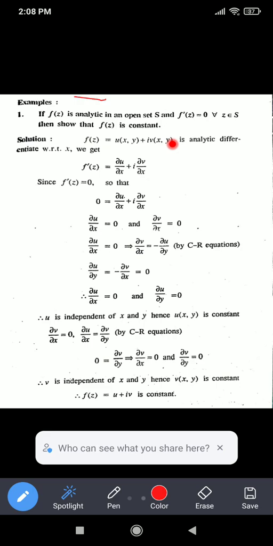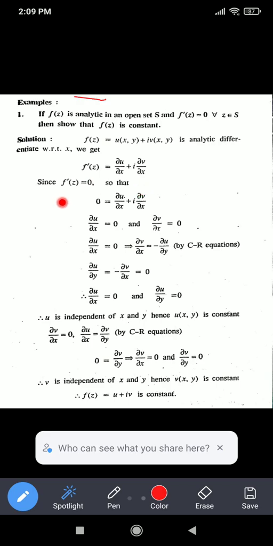Now the solution of this question. f of z is a complex variable function, which can be written as u of x comma y plus i into v of x comma y. f of z is analytic, as already given. Differentiating f of z partially with respect to x, f dash of z is equal to dou u by dou x plus i into dou v by dou x.